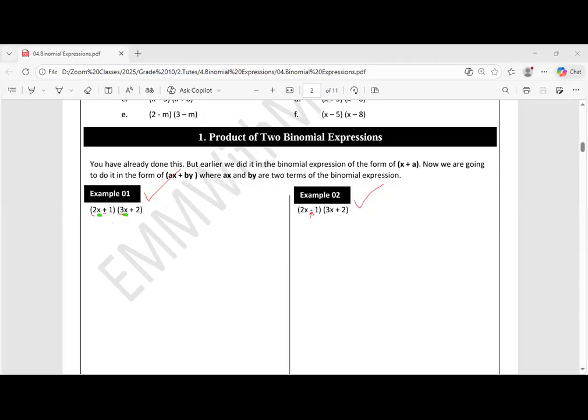Okay, guys. So I am going to discuss this one now. Carefully see the board. I am going to use the very basic method to simplify. After example number 2, we have examples 3, 4, 5, 6, and so on. For those examples, I am going to reduce the number of steps.